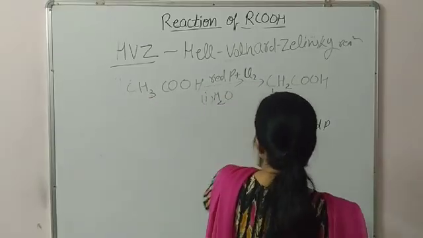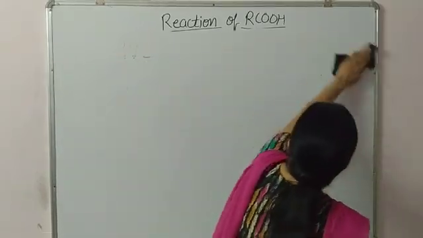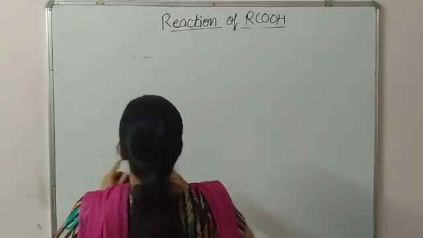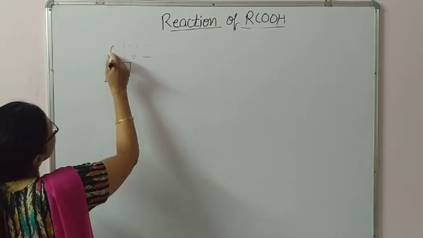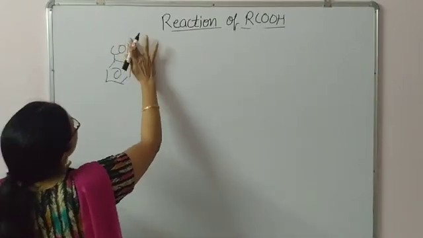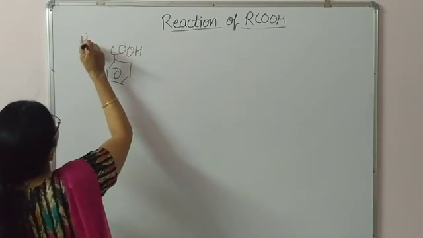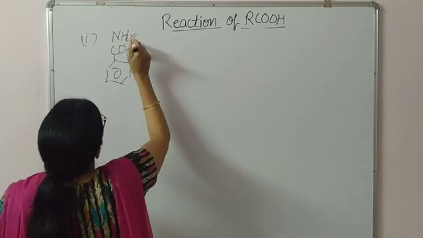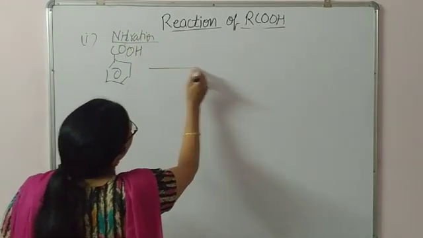Now ring substitution reactions. For all aromatic acids, especially benzoic acid, the very first reaction in the row is nitration. As you know, COOH is a meta-directing group.